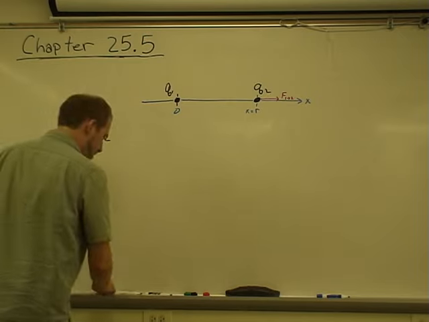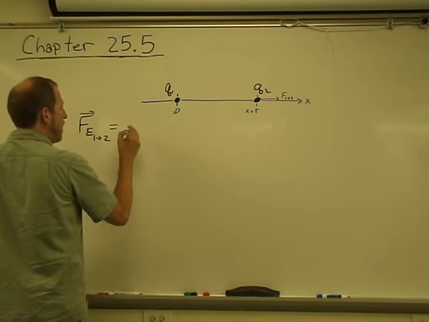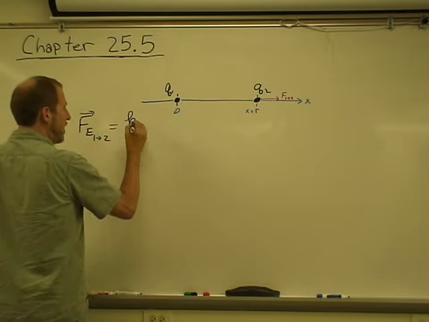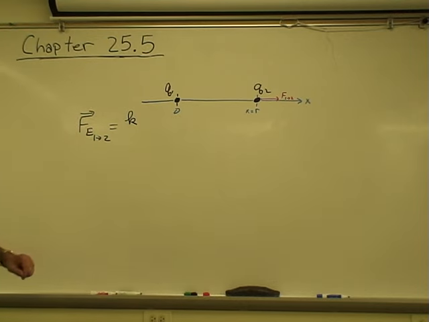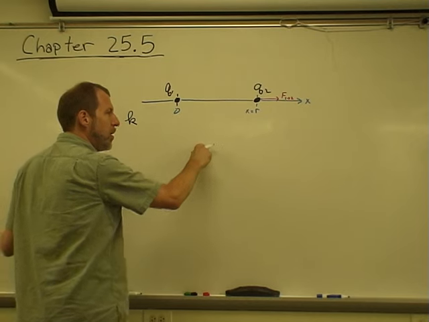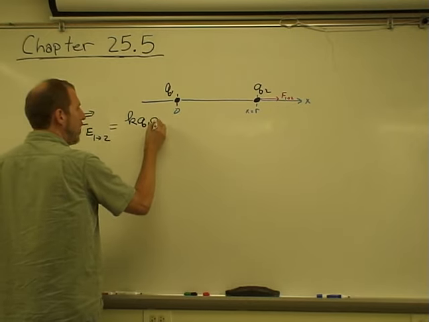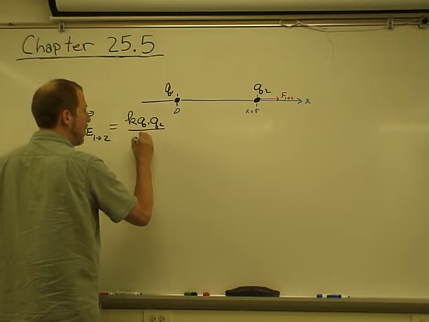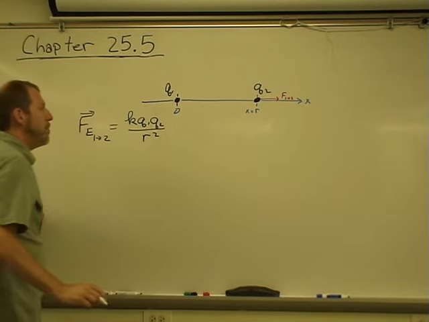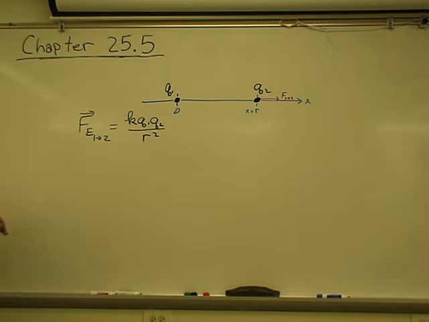So, that would then be that constant k, very close to 9 times 10 to the 9th newton meter squared per coulomb squared, times the charge of thing 1 in coulombs, times the charge of thing 2 in coulombs, divided by the distance between them squared.